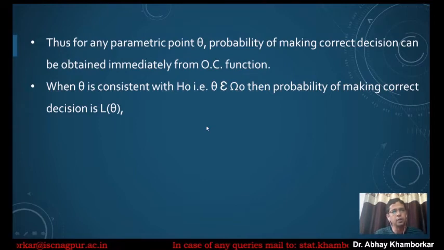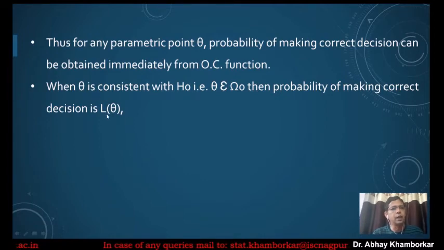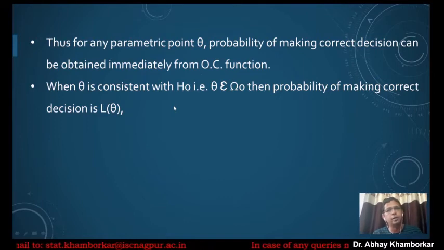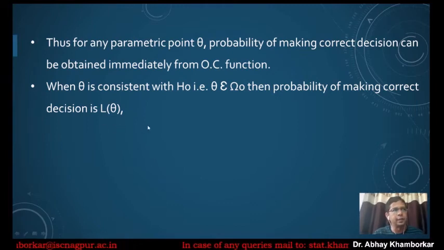So when theta is consistent with h naught and L theta is the probability of accepting h naught, if I combine these two situations, then I have the probability that the hypothesis h naught is accepted when h naught is true, and that is nothing but the probability of making a correct decision. So in such a situation, L theta represents the probability of taking a correct decision.